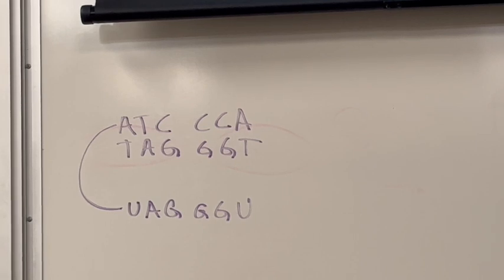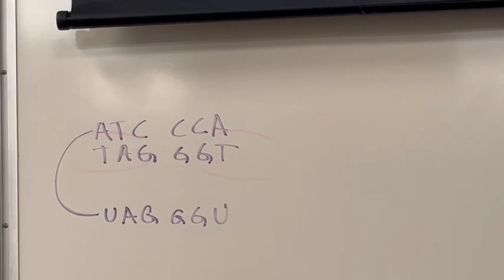So if there's a mistake in this last base pair, then there is no change in the amino acid. So that's a silent mutation. A silent mutation is when proline is switched for proline, same amino acid, but because of that redundancy in the codon chart.